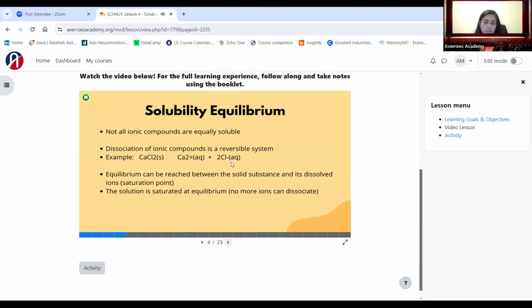You could have your calcium ion and your chloride ion coming together to form calcium chloride, which is a solid or precipitate. So like I said, equilibrium can be reached between the solid substance and its dissolved ions up to the saturation point, and the solution is saturated. For solubility equilibrium, the solution is saturated when it's at equilibrium, so no more ions can dissociate.